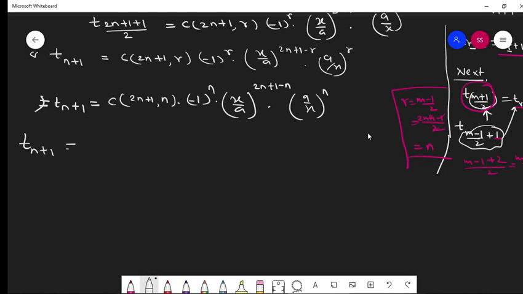t(n+1) equal, we can write C(2n+1, n), and we can arrange this first.